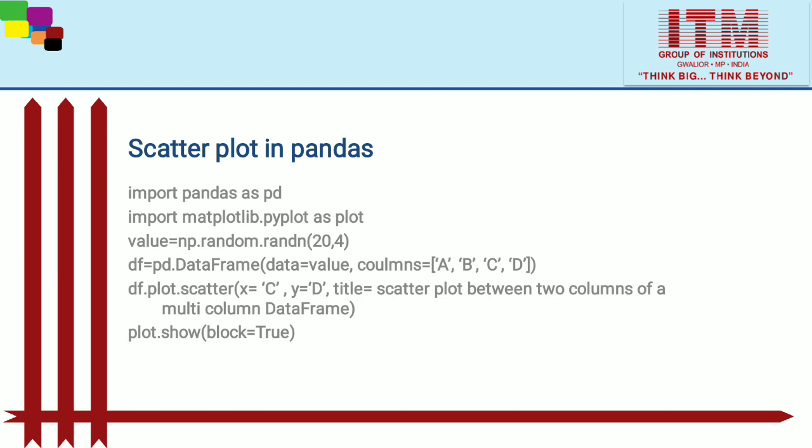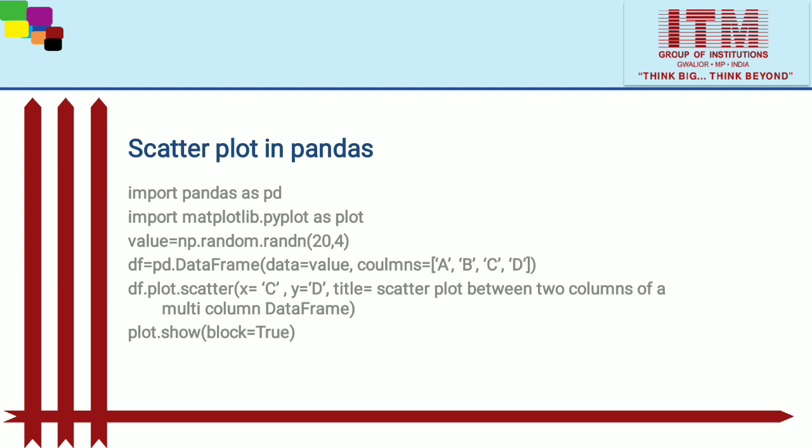This matplotlib library is used for visualization, and it is available in Python. There are different methods that are part of matplotlib.pyplot. So here we import matplotlib.pyplot, and after this we take a variable value.